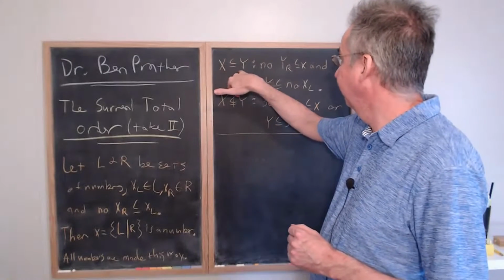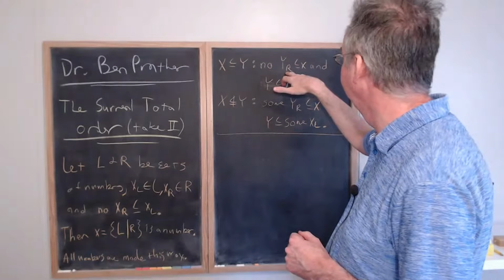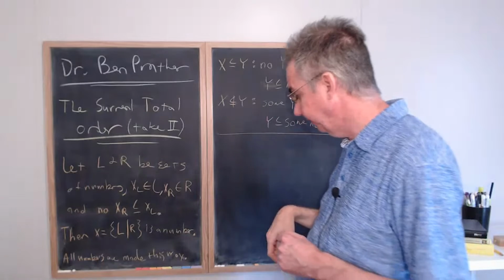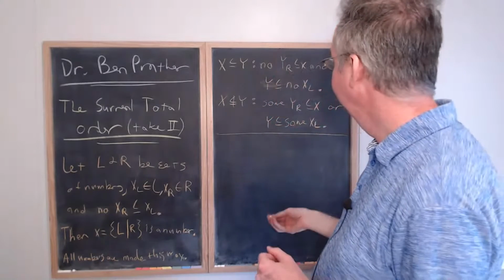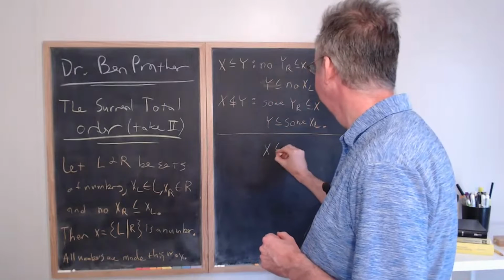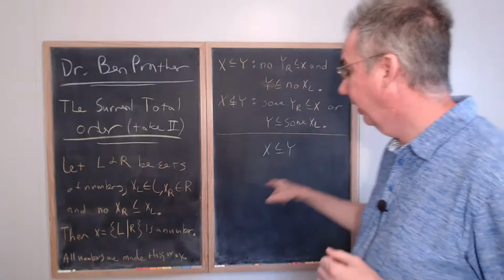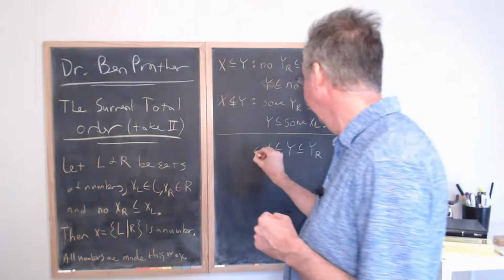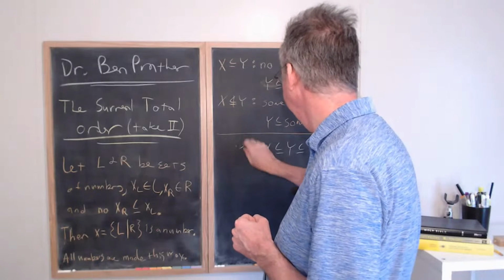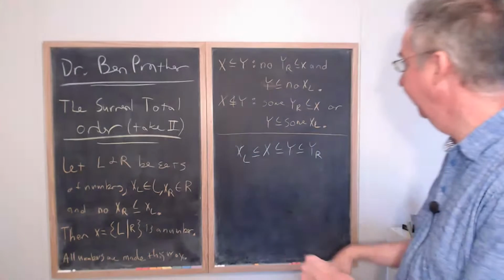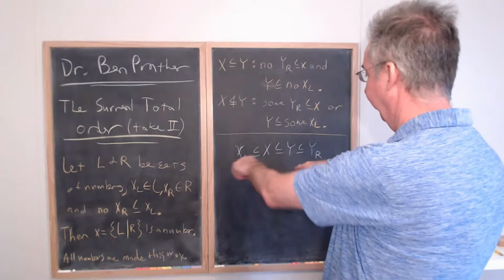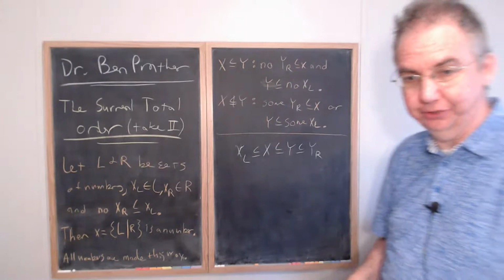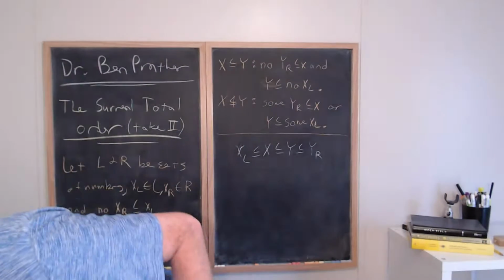X is less than or equal to Y if there is no Y sub R less than or equal to X, and Y is not less than or equal to any X sub L. Viewing this as Dedekind cuts, what we're saying is that Y can't be less than or equal to any Y sub R, and X can't be less than or equal to any X sub L. So that's what motivates those two conditions: the idea that this is Dedekind cuts.